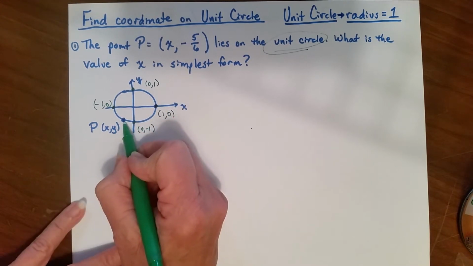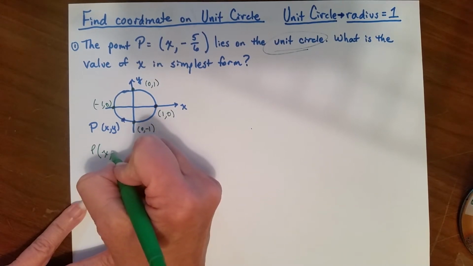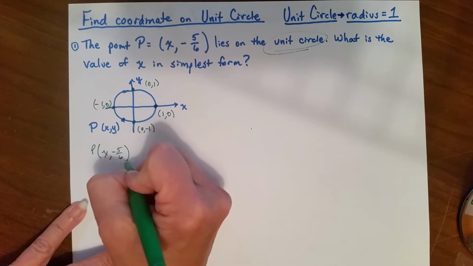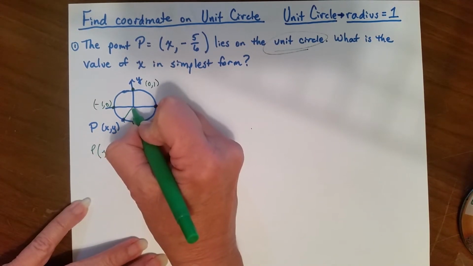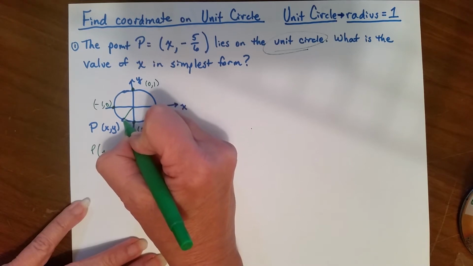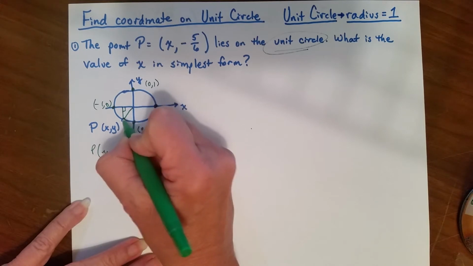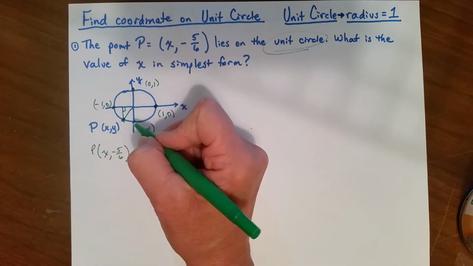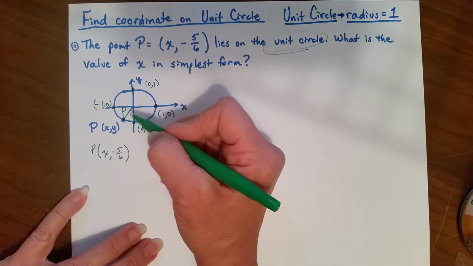Now they're giving us P, and they're telling us that P is (x, -5/6). So what you're going to do is draw a triangle. Draw the line out to the point, and then draw the perpendicular up to the x-axis, just like you did in Friday's stuff. Always make your triangle to the x-axis.